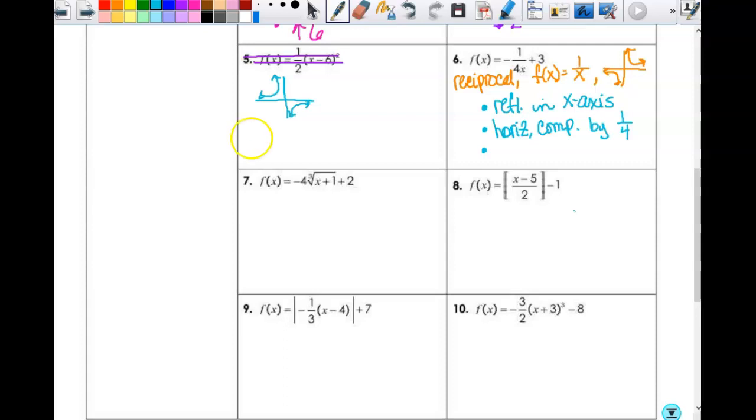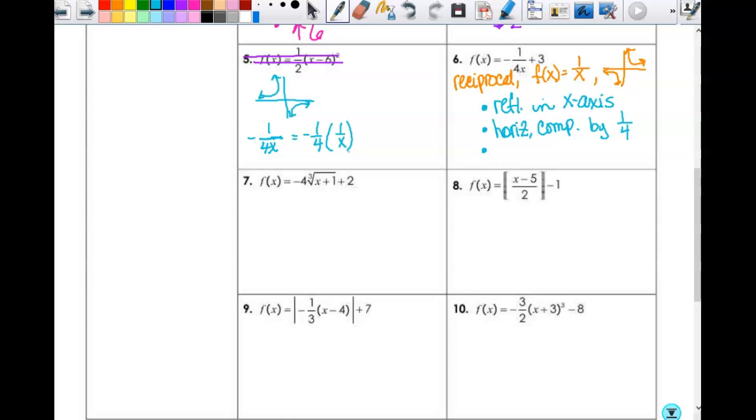This 1 over 4x, is it the same thing if I said this equals 1/4 times 1 over x? Are these two things equivalent right here? They are, right? Which means if it's written like this, then that 1/4 actually affects what? Y. So that could also be a vertical compression of 1/4.